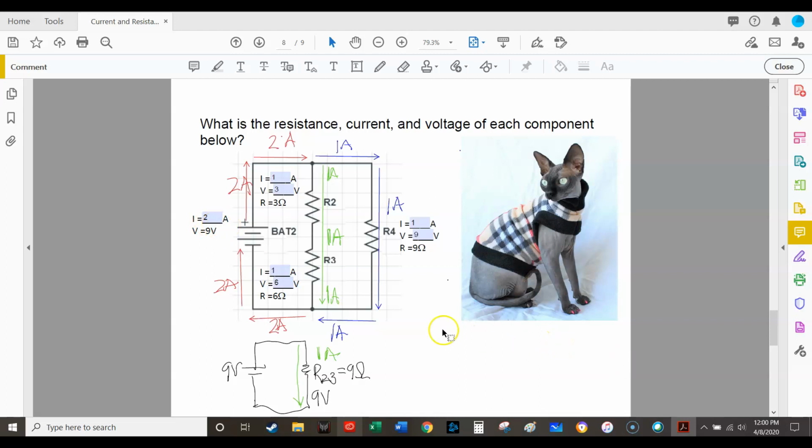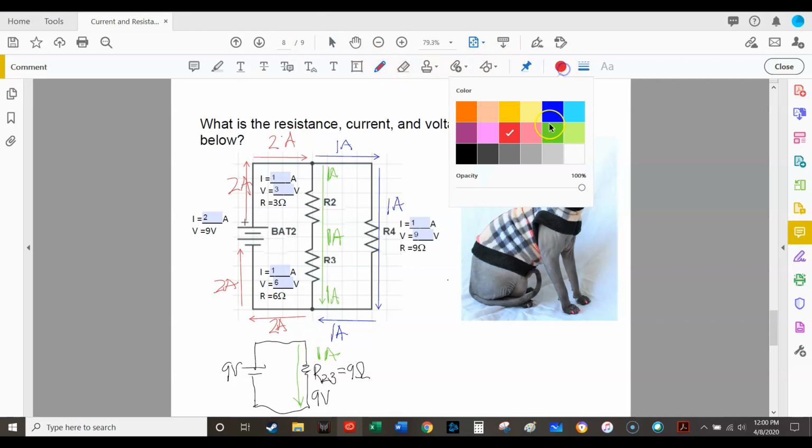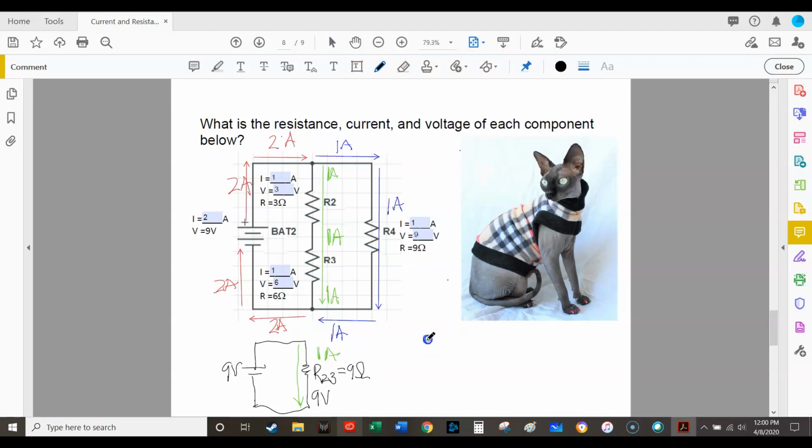Another way we could have done this is combined the resistors R23 with R4. And so we know R23 is going to be 9 ohms, and we know R4 is 9 ohms.